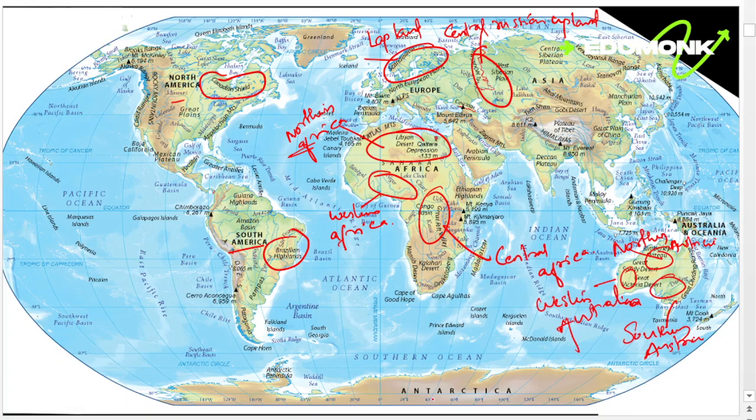Then we can go to Antarctica. You can see the Antarctican shield. Then moving to Asia, you can see here the Siberian plateau.